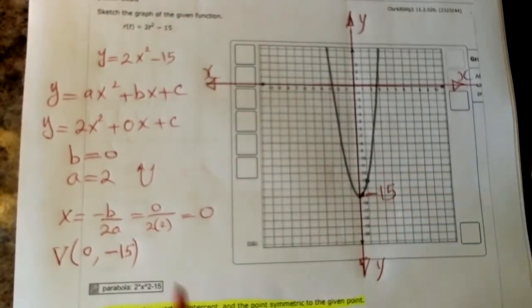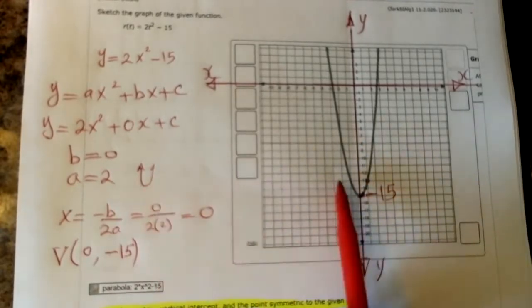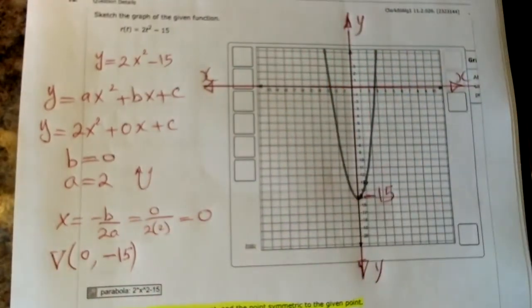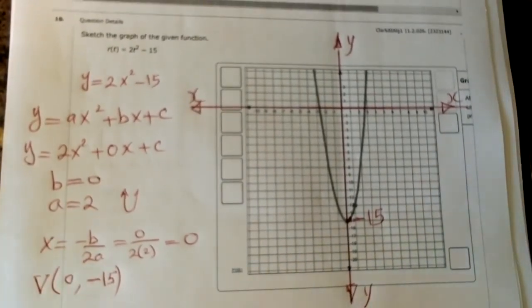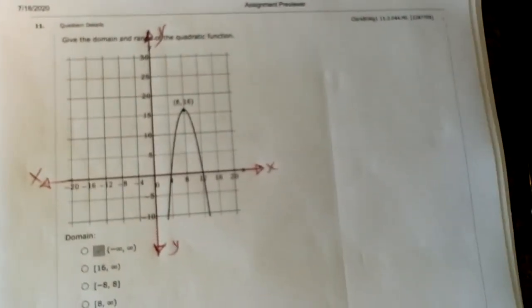All right, so we know the vertex is this, and we know the parabola is going upward. And then they ask you to find the point of symmetry. You know how to do that. Now here they are talking about domain and range.